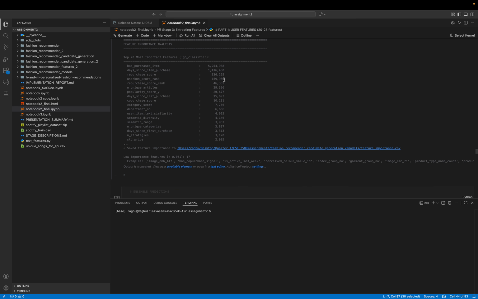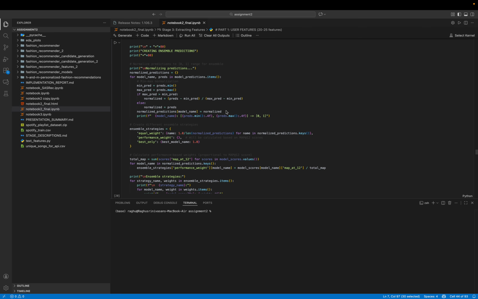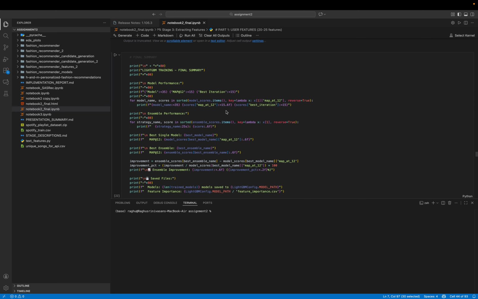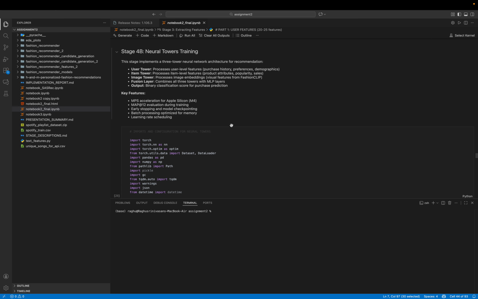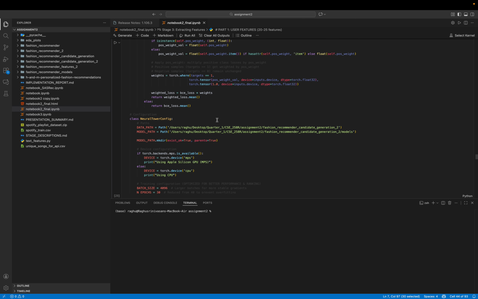The user score, KNN rank, which says that the features that we used for candidate generation, or generating the candidate pool, were actually one of the most deterministic features in training the model and understanding the user preferences. And similarly, in subsequent stages, we implement the neural network model. So this is the binary cross entropy loss.